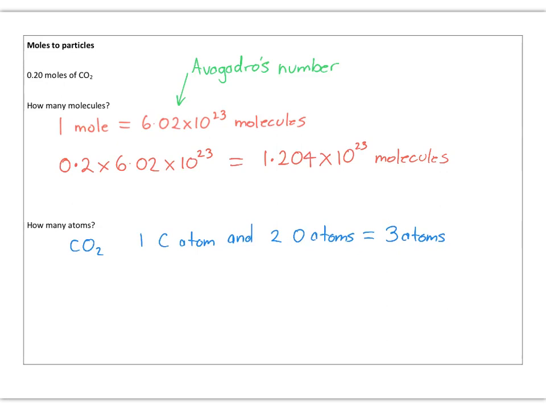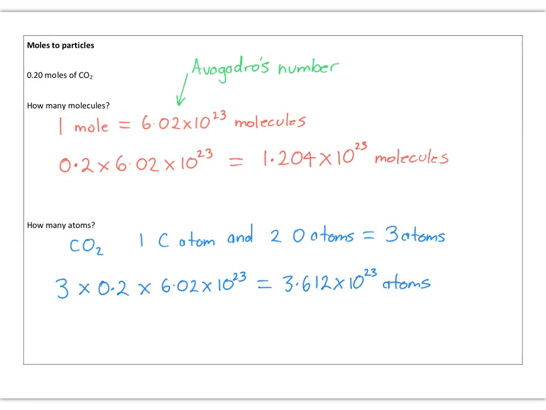So if we want to know the total number of atoms, that's going to be equal to 3 times 0.20 times Avogadro's number, and that will be equal to 3.612 times 10 to the 23 atoms.